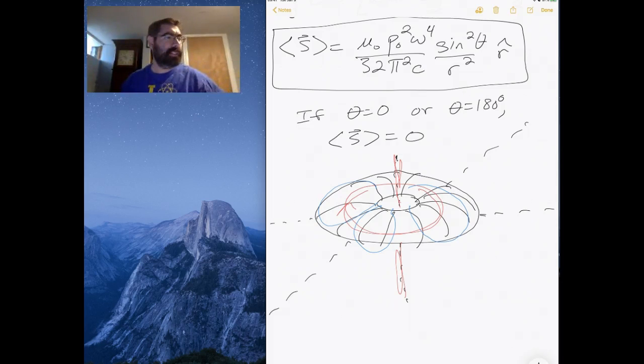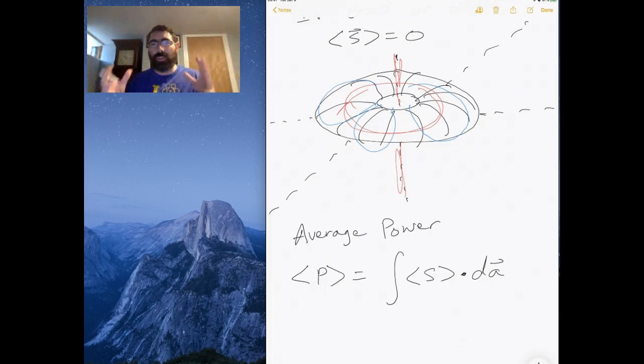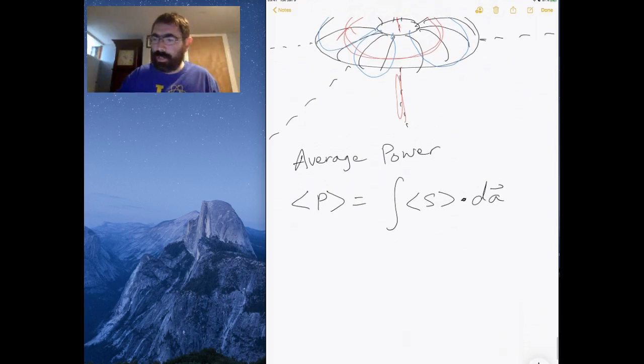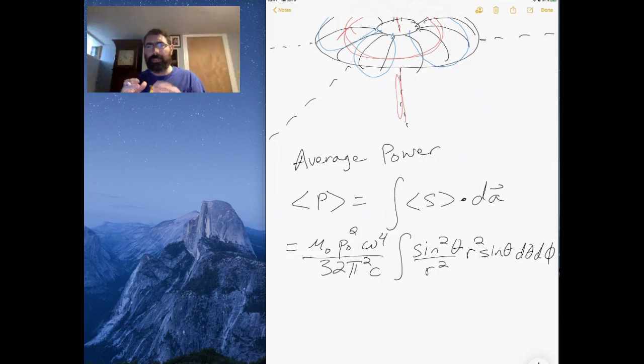So in the end, I guess what we can write out is if we want to find now the average power, then the average power is going to be the integral over the area of this Poynting vector, which in the end gives me mu 0 p0 squared omega to the 4th over 32 pi squared c integrating sine squared theta over r squared sine theta d theta d phi, because it's a surface area.